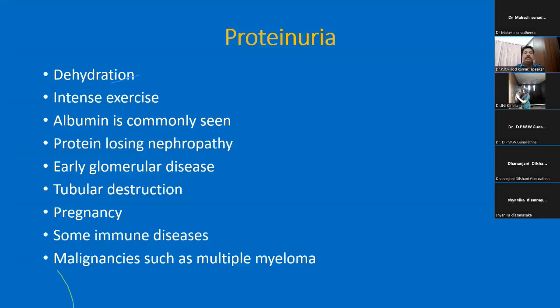Then some immune diseases, especially systemic lupus erythematosus, discoid lupus erythematosus, etc., cause proteinuria. Then malignancies such as multiple myeloma. Multiple myeloma is not very common in dogs, but I have found one case. Dr. Nagendra Gupta from Lucknow has identified one case of multiple myeloma in a dog.